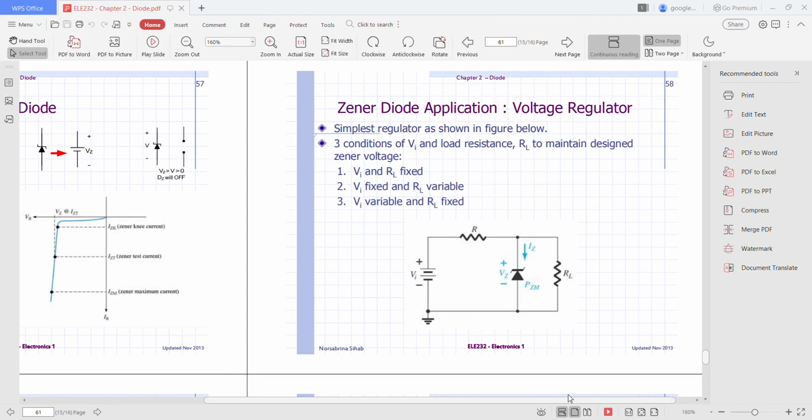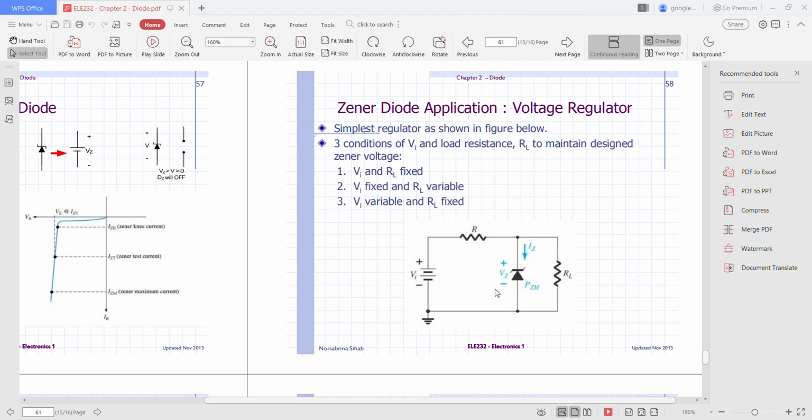The use of the Zener diode as a regulator is so common that three conditions surrounding the analysis of the basic Zener regulator are considered.